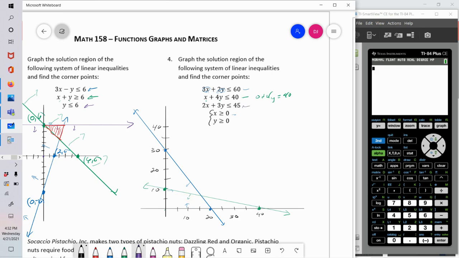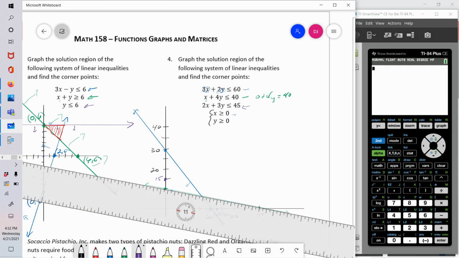Let's make this one purple. If x is 0, y will be 15. And if y is 0, x is going to be 22.5. So let's go ahead and make that 22.5, 0 to get that on there.